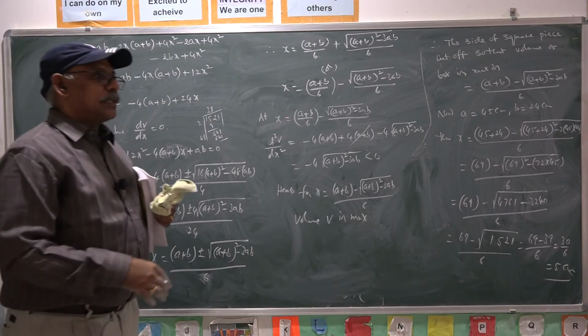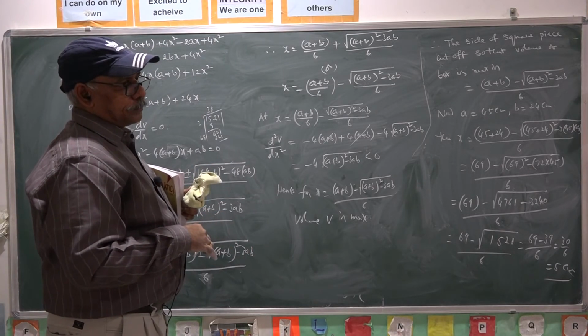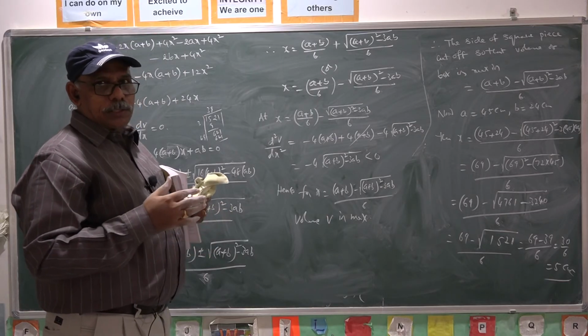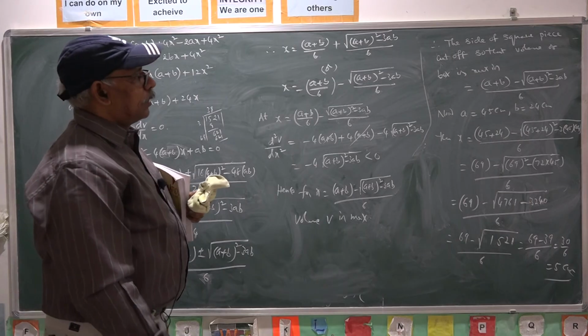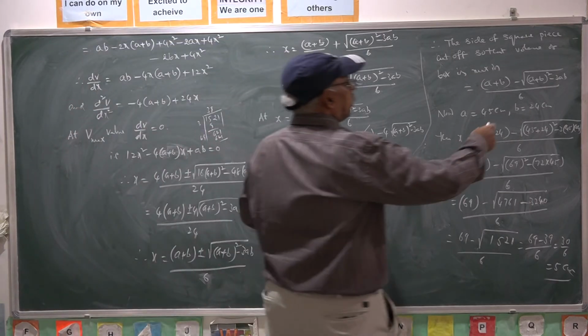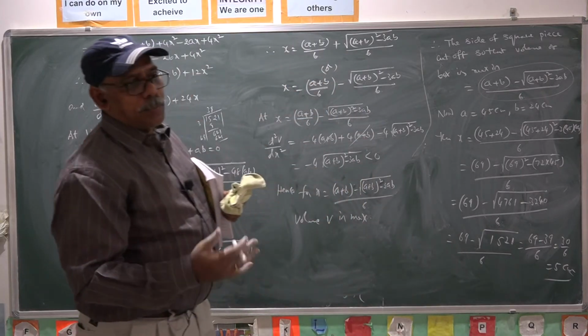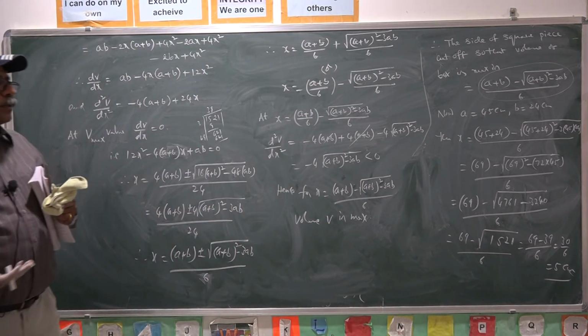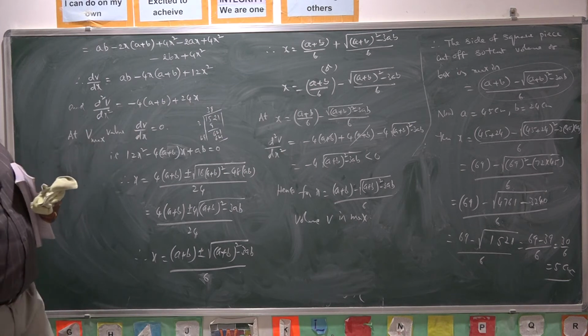The side of the square piece cutout from the corners of the rectangular tin, so that the volume of the constructed box is maximum. You can take it as a formula here. Once the dimensions of the tin change, you can get the x value here.